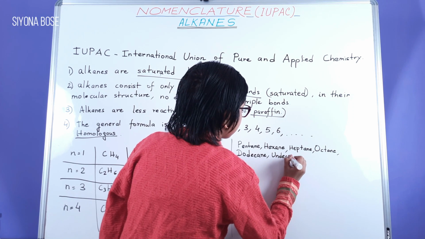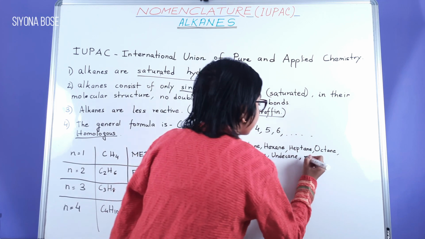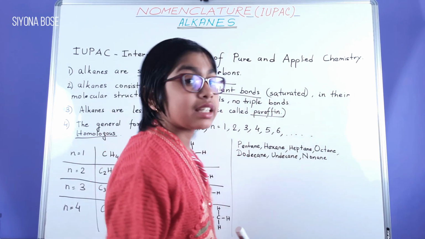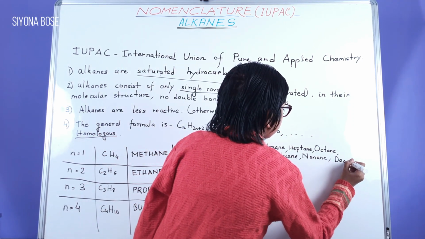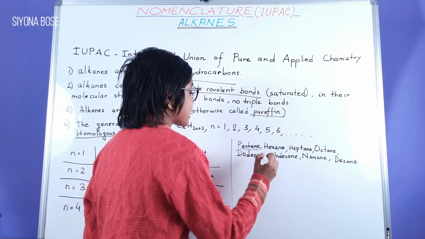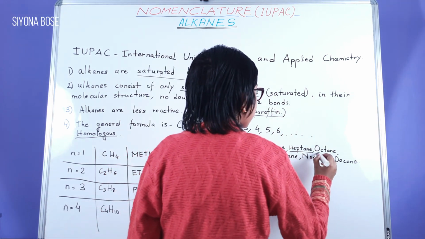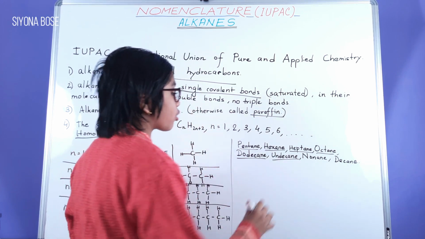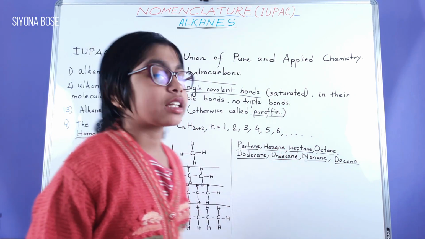Undecane, that is 11 carbons. Nonane, that is 9 carbons. And decane, that is 10 carbons. So pentane is 5 carbons, hexane is 6 carbons, heptane is 7 carbons, octane is 8 carbons, dodecane is 12 carbons, undecane is 11 carbons, nonane is 9 carbons, and decane is 10 carbons.